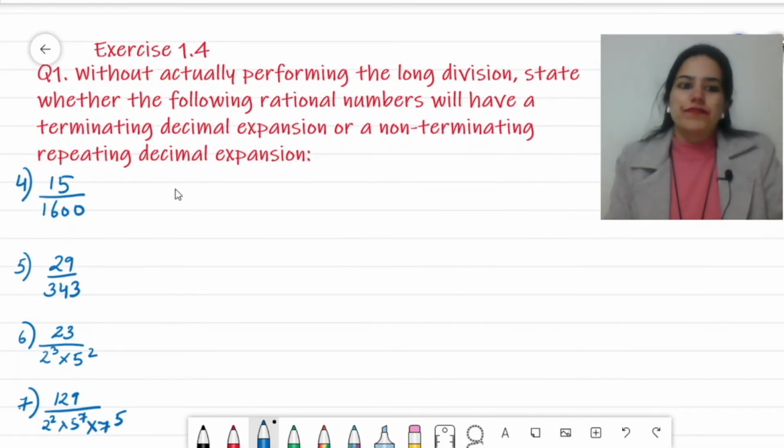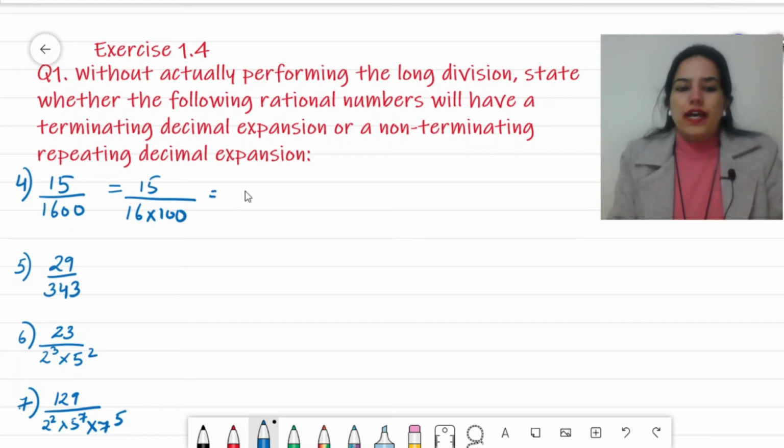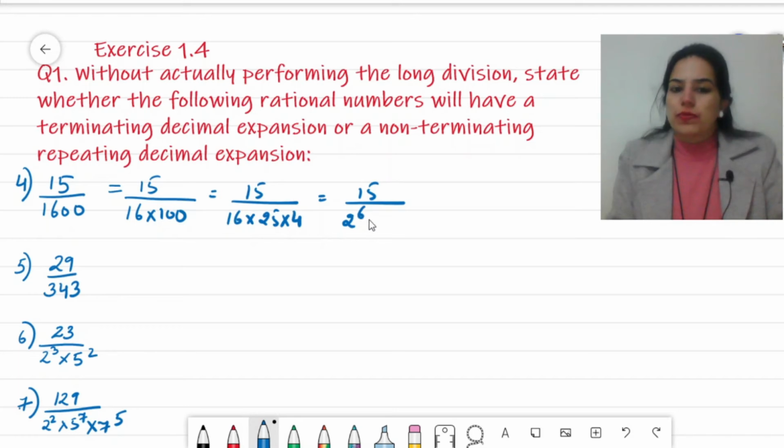Fourth part, 15 upon 1600. 1600 we know is 16 into 100. I can write it as 16 into 25 into 4, or if I prime factorize it, it is 2 raised to power 6 times 5 raised to power 2.